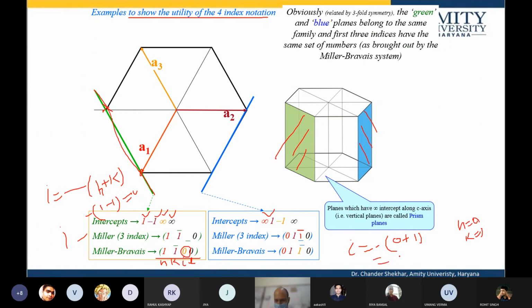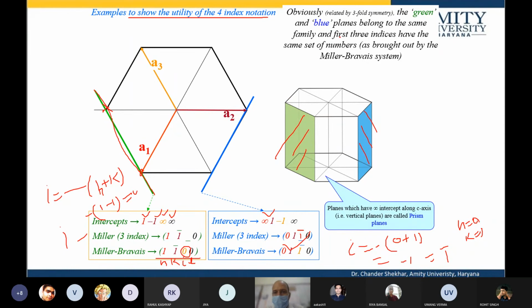So this is equal to -1, which can be written as 1 bar. So this is how the 4 index Bravais lattice indices are calculated and determined, and this is different from the Miller-Bravais indices.